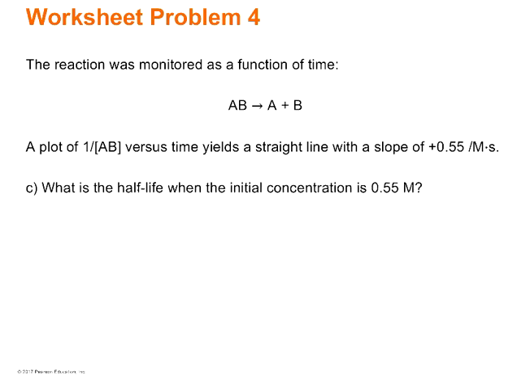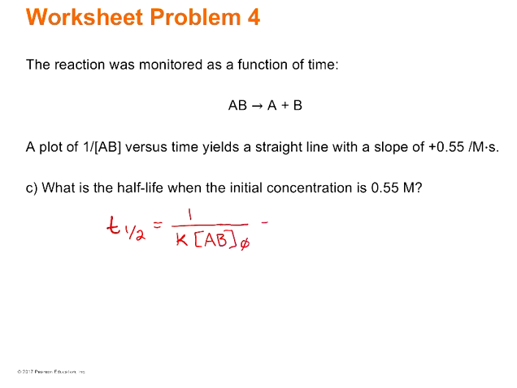And now for C, what is the half-life when the initial concentration is 0.55 moles per liter? So earlier we said that the half-life expression for a second order reaction is t1/2 equals 1 over the rate constant times the initial concentration of the reactant.